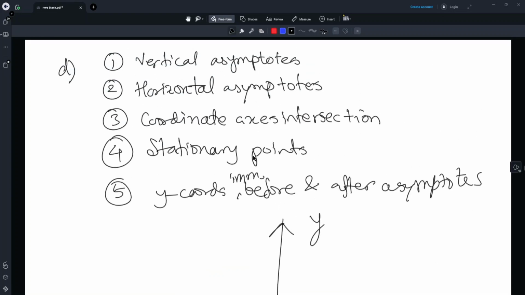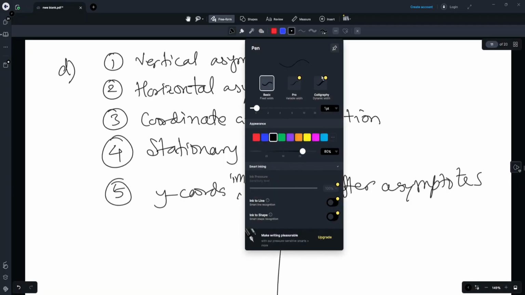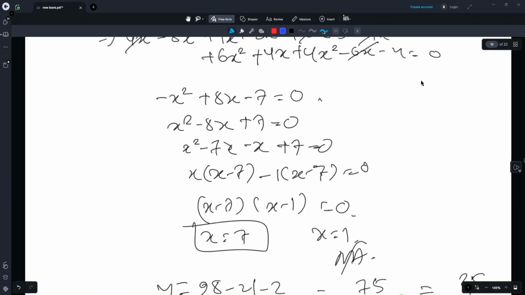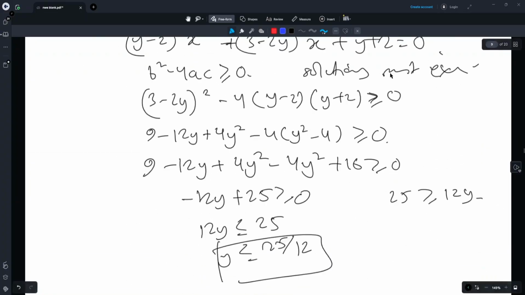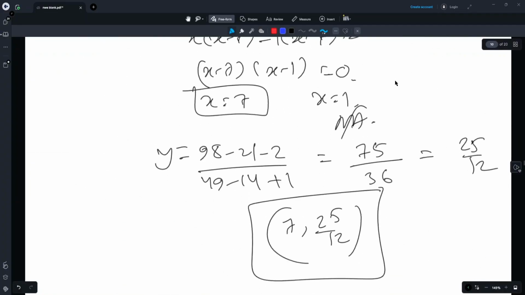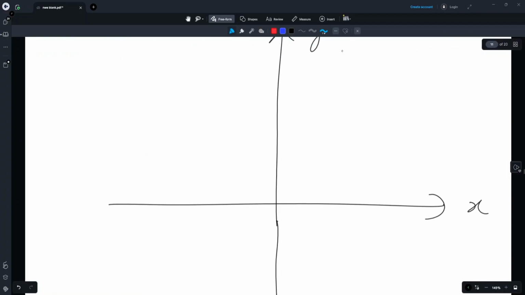So first off, I have my vertical asymptote. My vertical asymptote happens to be x equals to 1.